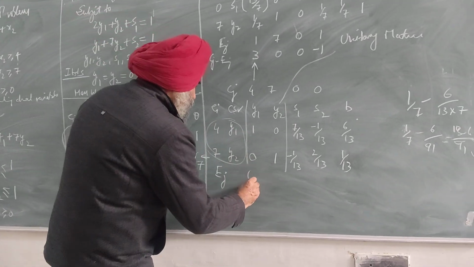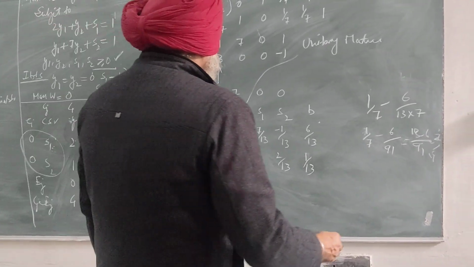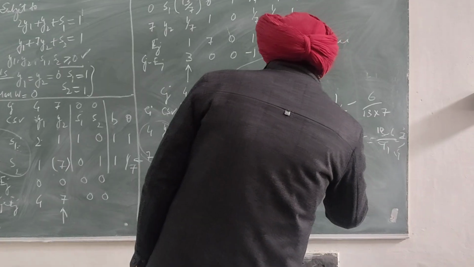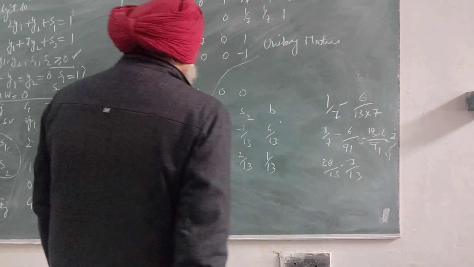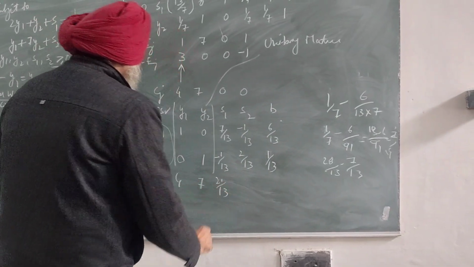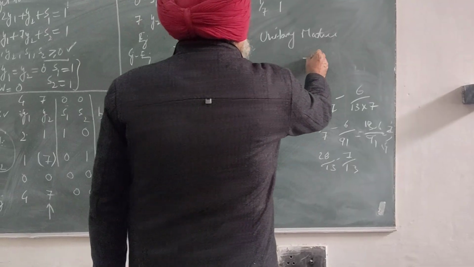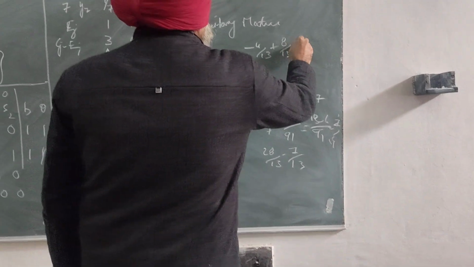So this is 4 here, this is 7 here, this is 28/13 minus 7/13. Clear? This is 21/13. Clear? This is minus 4/13 plus 8/13.